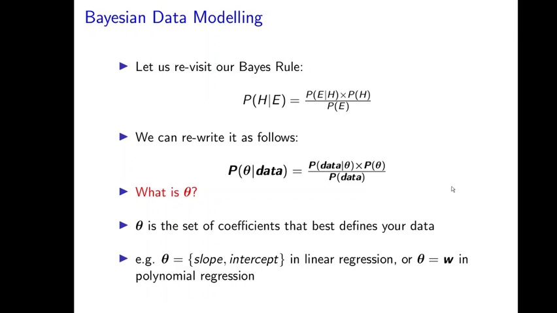It can be the slope and intercept in a linear regression equation, or it can be the list of W, the coefficients that define a polynomial or non-linear regression function. So theta always expresses the parameters that describe our data and best fit our data.